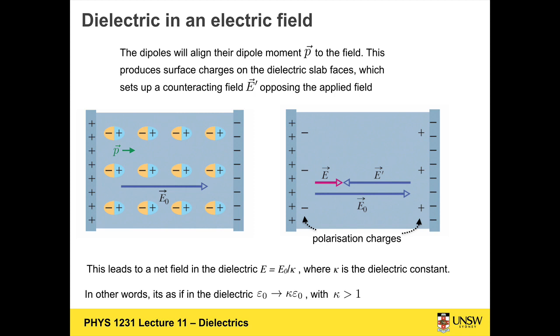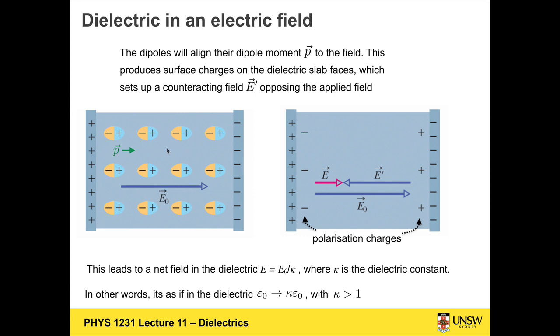So if you remember, with dielectrics, you may have considered a situation when you have a dielectric contained between two conductors forming a parallel plate capacitor. If you apply a voltage across the plates, you get an electric field. If the dielectric were absent, you would have just this electric field E0 here.